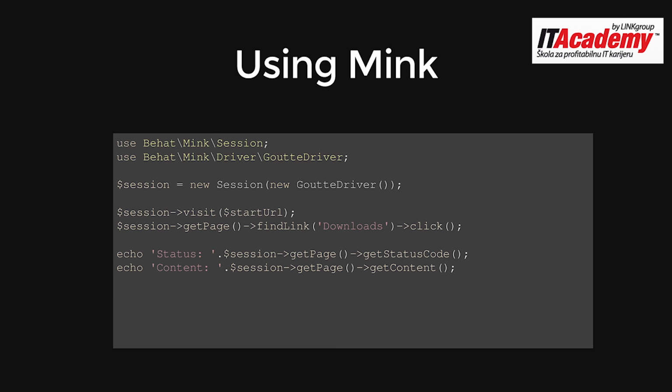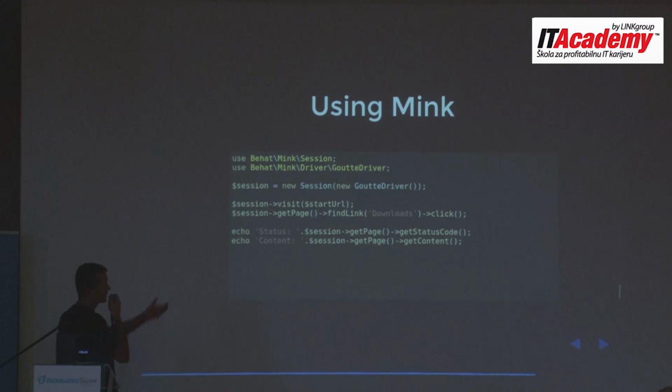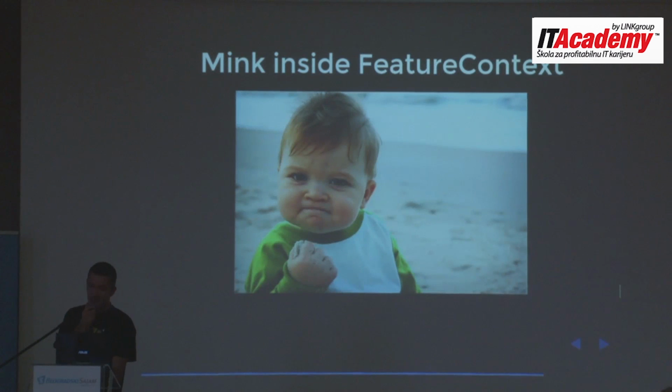And here's the example usage. So you just need to instantiate the session object with a desired driver, and you can click links, reload pages, fill fields, submit forms, and stuff like that. So everything that you can do within a browser tab, you can do with session object. So session object represents your browser tab, but you have a power to do it from your PHP code.